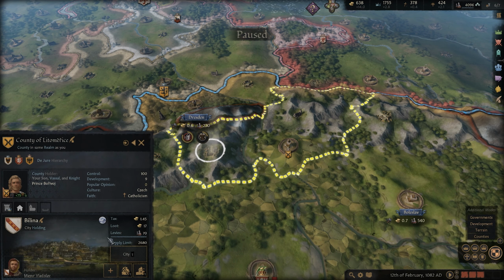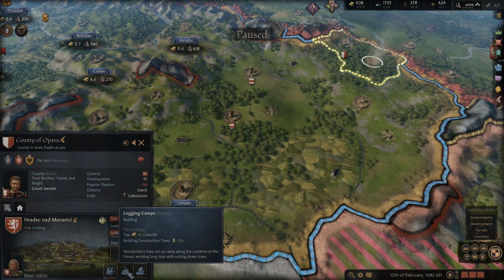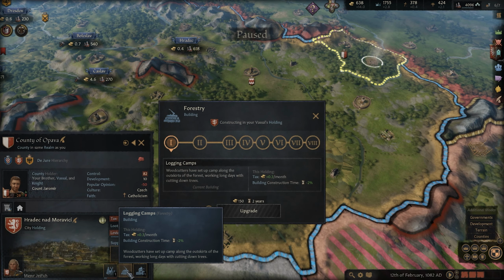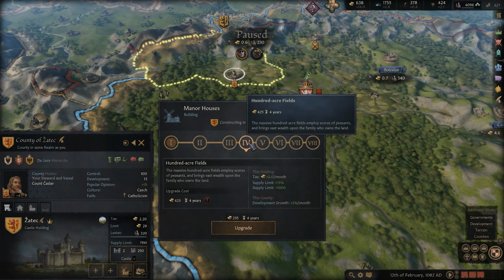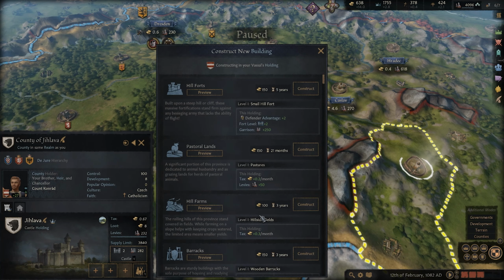Any type of holding on mountains can build a quarry. Those in a forest can construct a logging camp. Farmland gives manor houses that produce a large sum of taxes each month. The list goes on and on, but the point is that terrain does matter greatly to what type of building you can construct, and it is something to be mindful of.